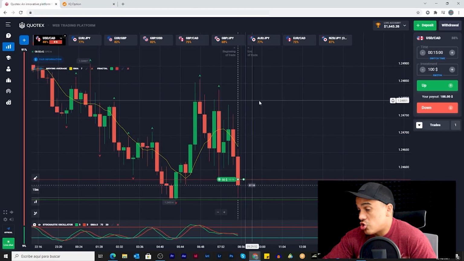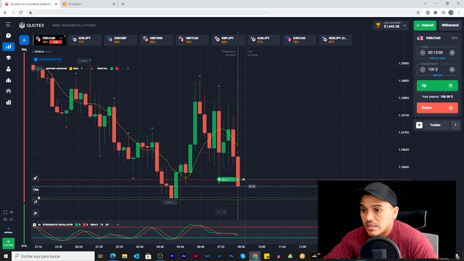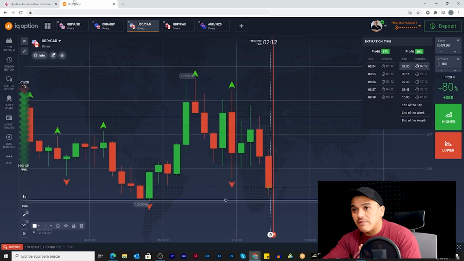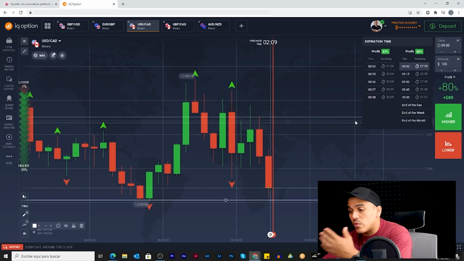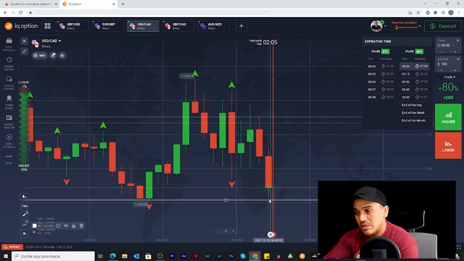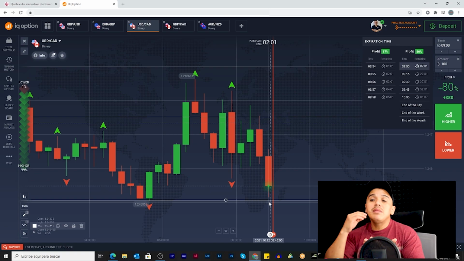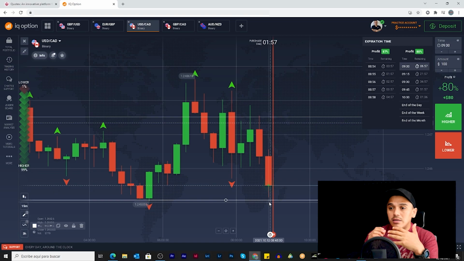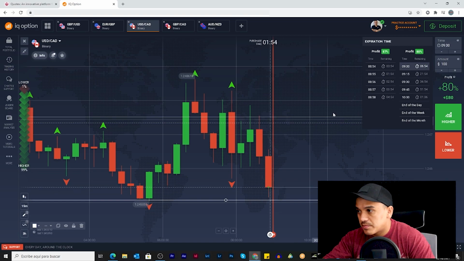This is a huge difference with this broker, right? I think it's good to have this one too. Only trade for the rest of this candle, because maybe this candle touches and respects the support and goes up. But maybe the next candle can break my support and continue with the downtrend.